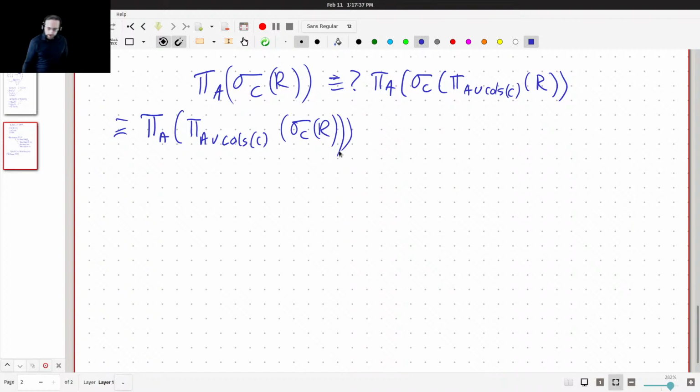One more. So we've got idempotence, and in the interest of time, this is where we apply this new rule that we just discovered.